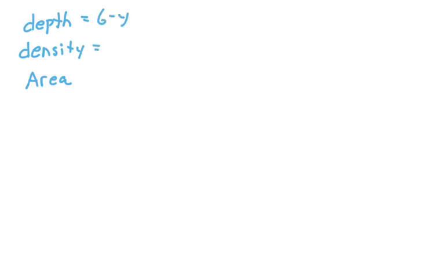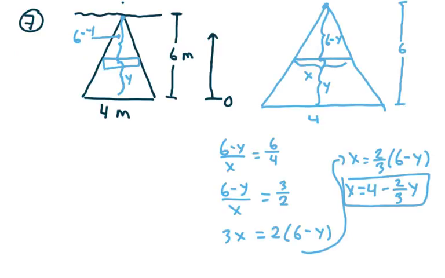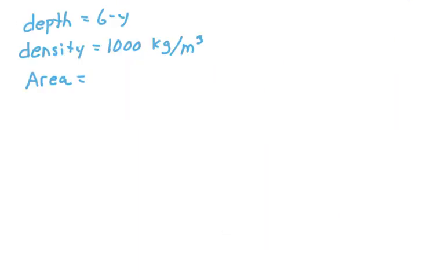The density is 1,000 kilograms per cubic meter. The area, I'm going to take 4 minus 2/3 y, that's the width of the entire rectangle. So I'm going to go 4 minus 2/3 y delta y.